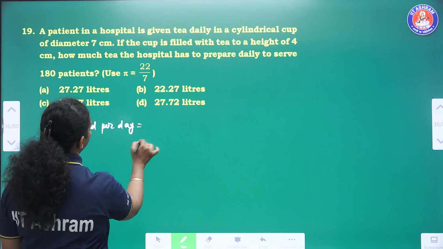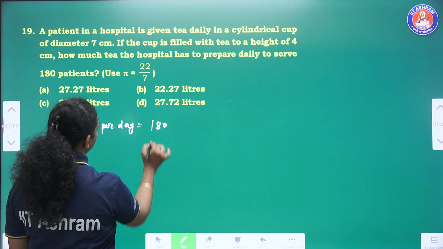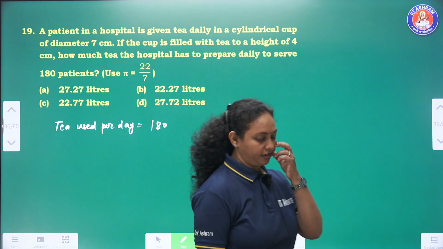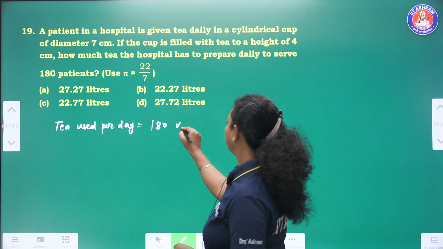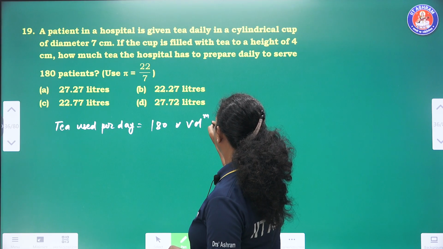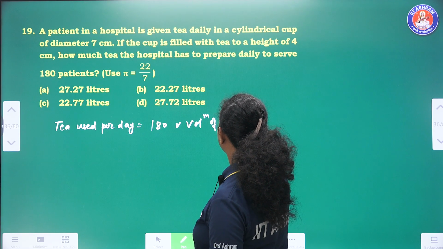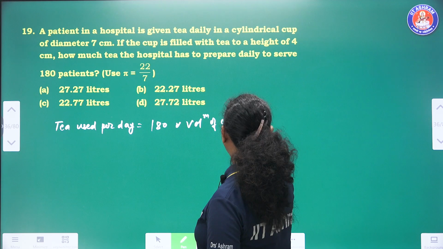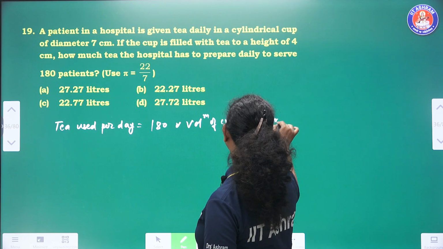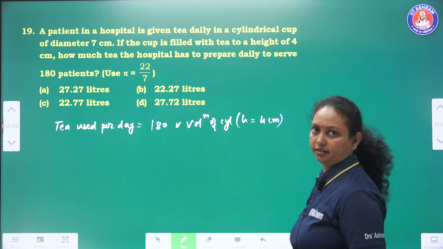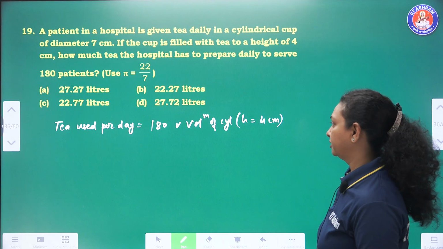For how many patients? 180 patients. So 180 cups are there, and 180 into volume of cylinder, but with the height of 4 centimeter, because it is not totally filled, right?